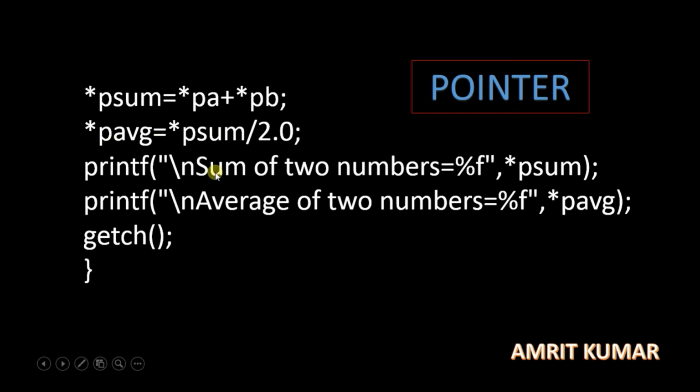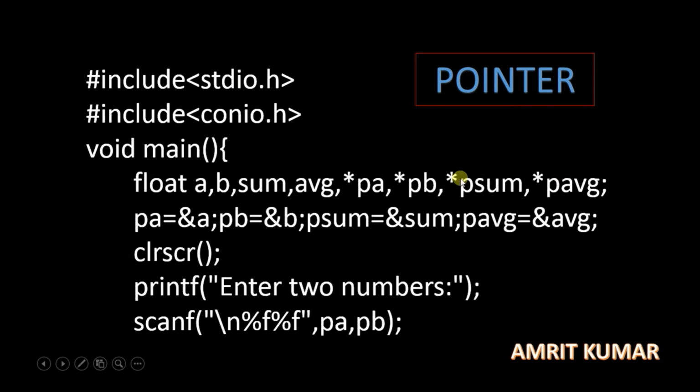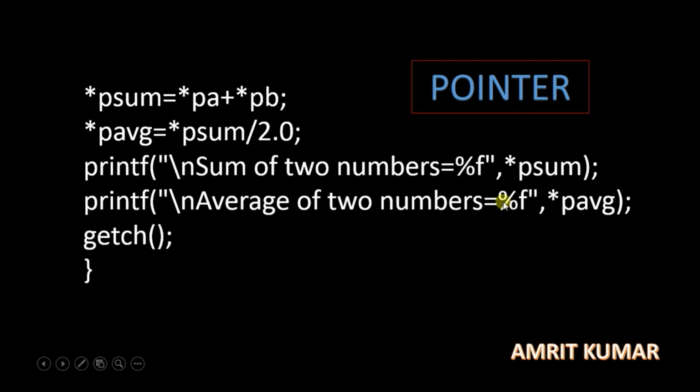Then I am printing the sum of our two numbers as a float value, because of %f. Whatever value is in this pointer is going to be replaced here, because we are using the asterisk the second time, having used the asterisk the first time. Whatever the value of psum is, it is going to be transferred here, and whatever the value of paverage is, it is going to be transferred here.